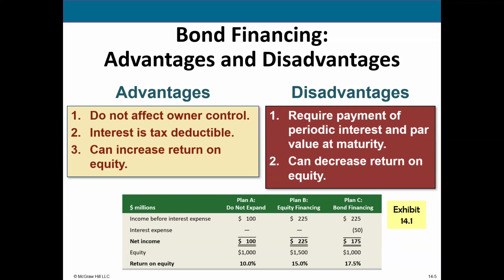In the case of return on equity, we get 175 divided by the 1,000 in equity times 100, we're looking at 17.5%, which increases return on equity, which is great, but it can also reduce it depending on what's going on. So I just wanted to show you that nice, quick, easy example.